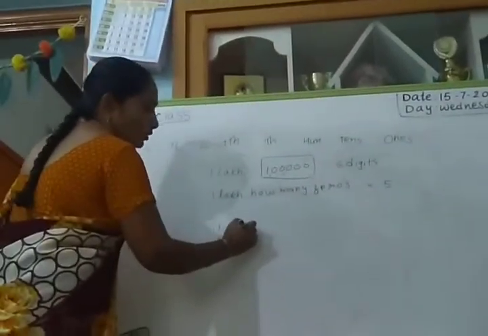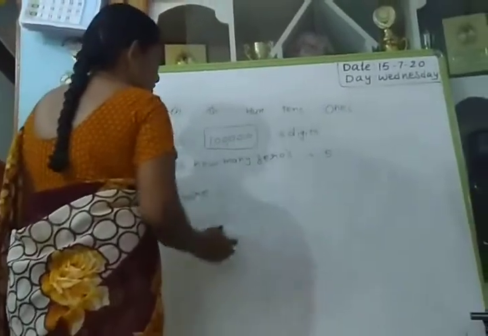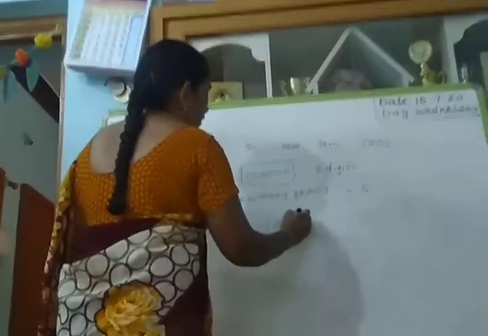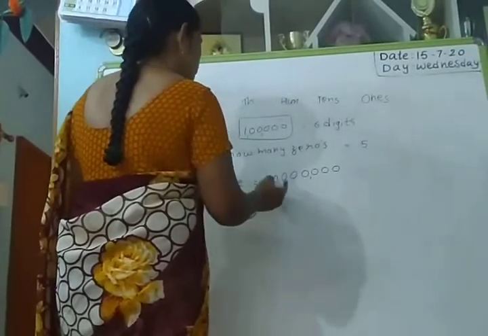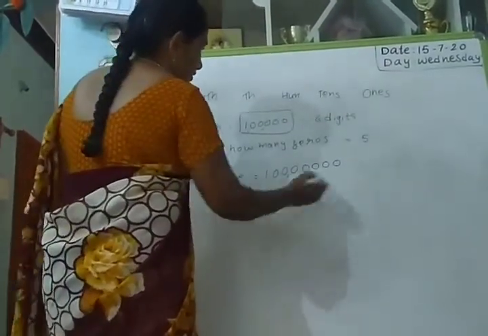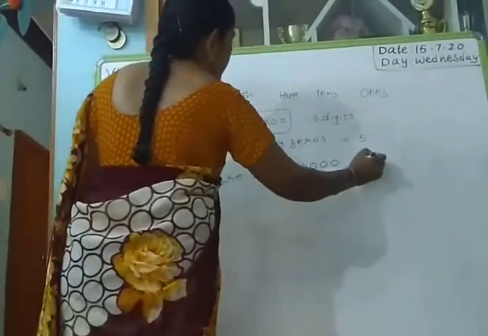One more example. In 1 crore, how many digits are there? How do we write 1 crore? This is 1 crore, no? So how many digits are there in 1 crore? 6, 7, 8 digits.